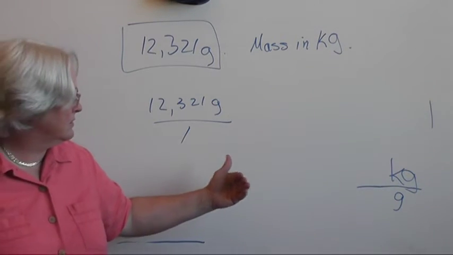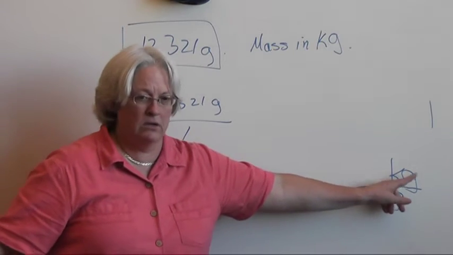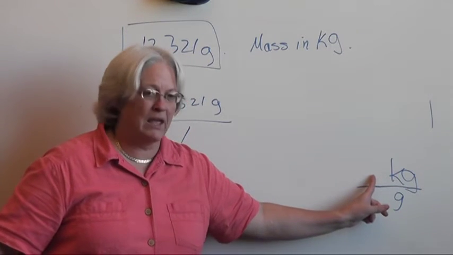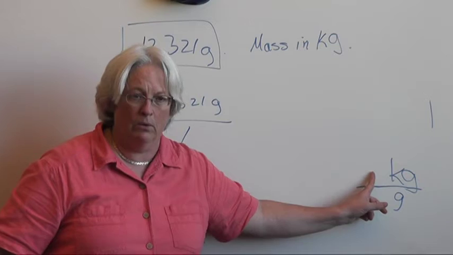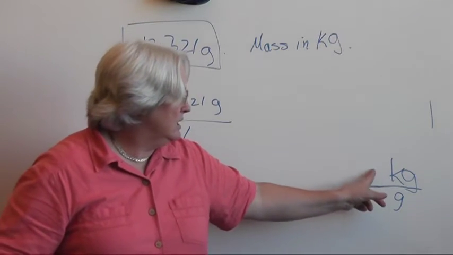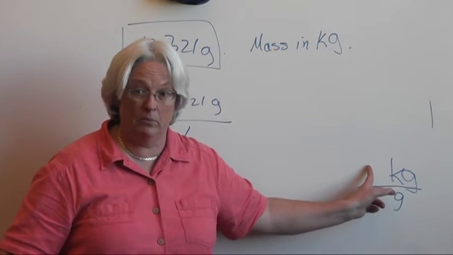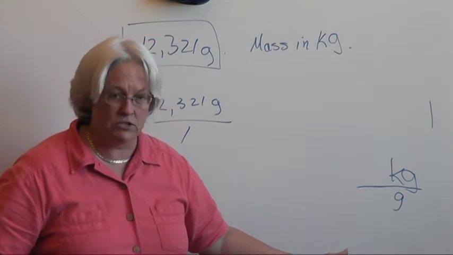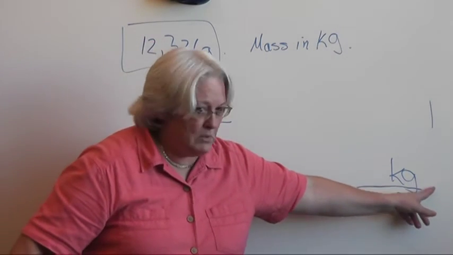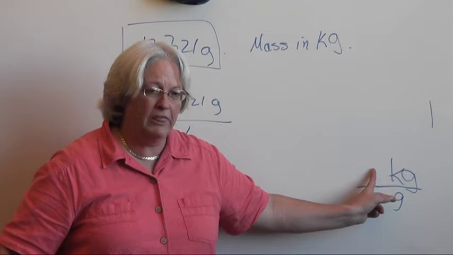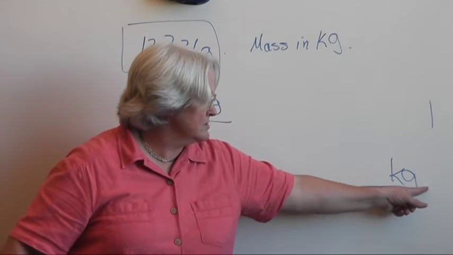When we look at this, what does kg mean? Well, the k is our prefix, which is kilo. So this says kilogram. What does kilo mean? Kilo means 1,000. So what kg means is 1,000 grams.